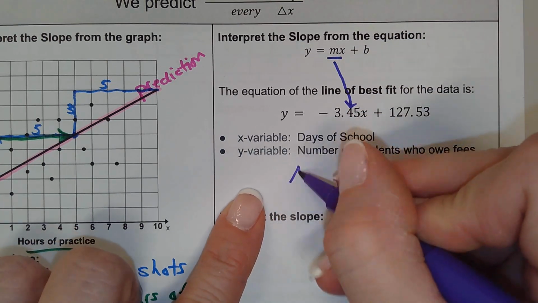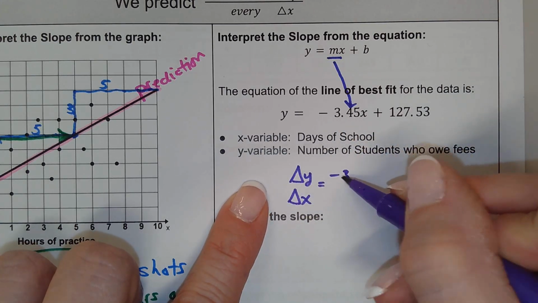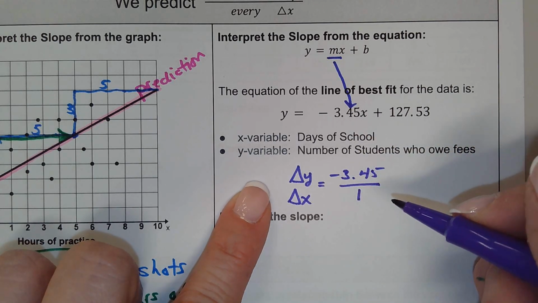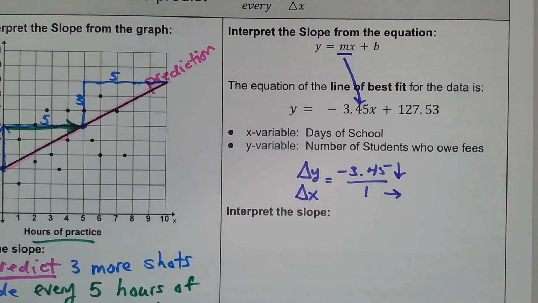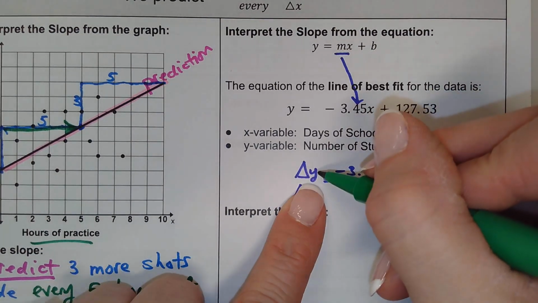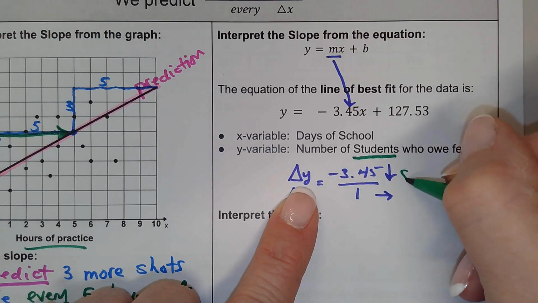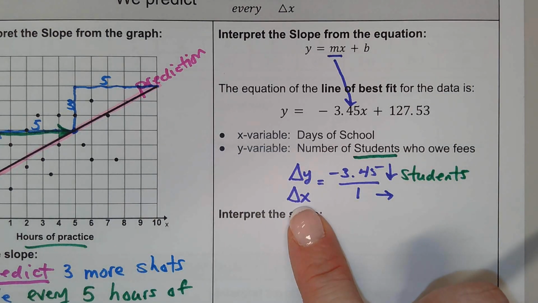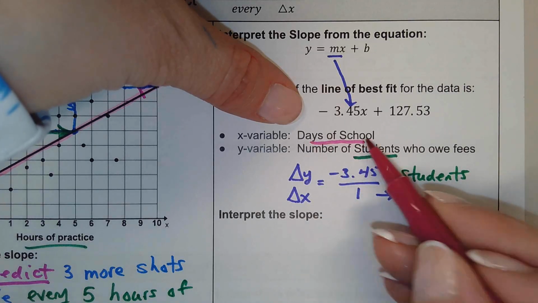So the delta y and delta x, we have negative 3.45 over 1. This is negative, so it goes down and over. And let's put some words here, just to make my sentence easier. The y words are the students. And the x words are days of school.